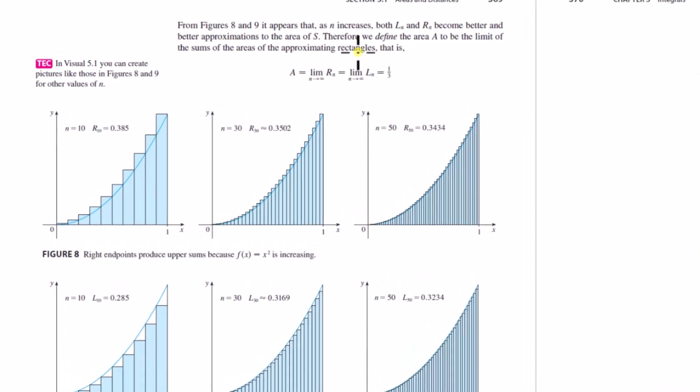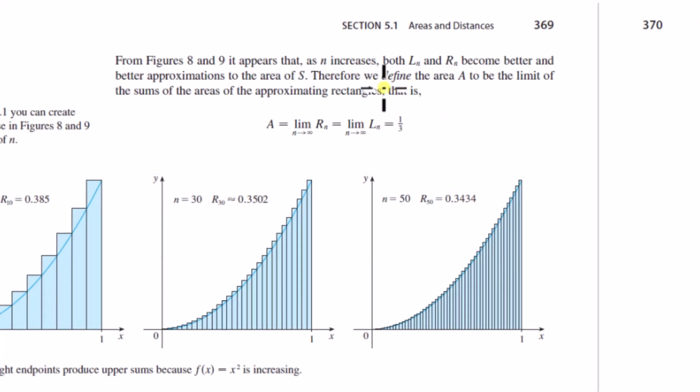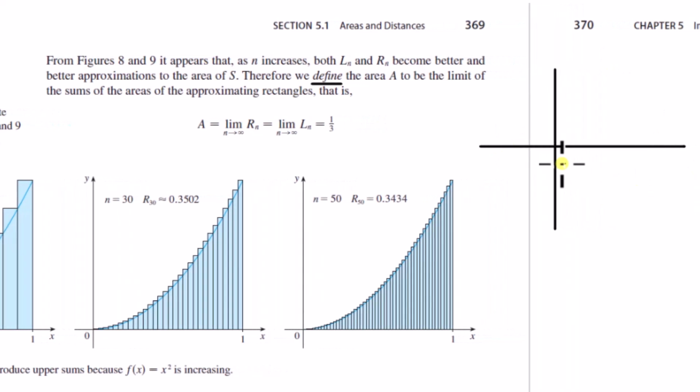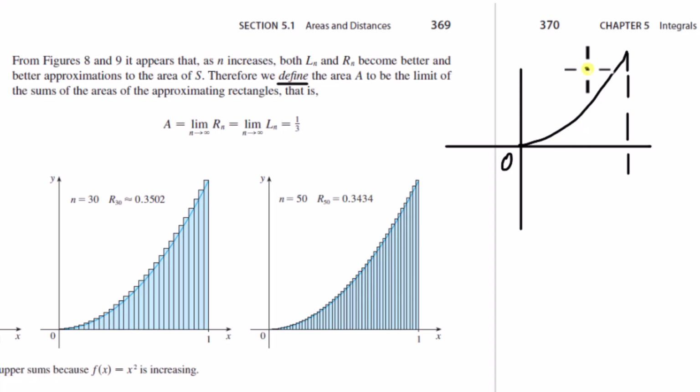Okay, and so with that then, it says, therefore, we define. This is a definition. So we define the area A, the area of, again, right now we're just talking about the area under the curve y is equal to x squared from 0 to 1.